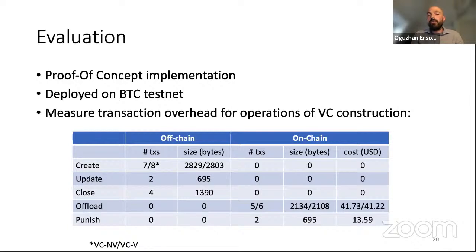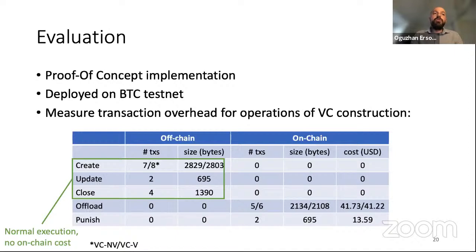can see that for both our constructions, the size of the transactions or the total size of the messages exchanged are quite similar. And one thing to note is that for create, update, and close parts, which are used in the honest normal execution of the protocol, there's no on-chain protocol, as we mentioned.